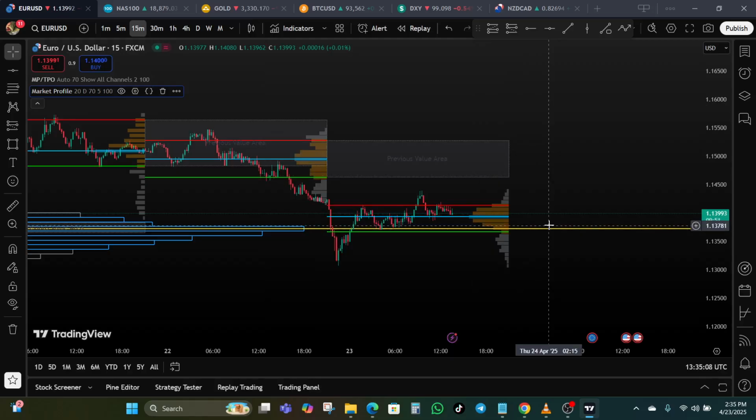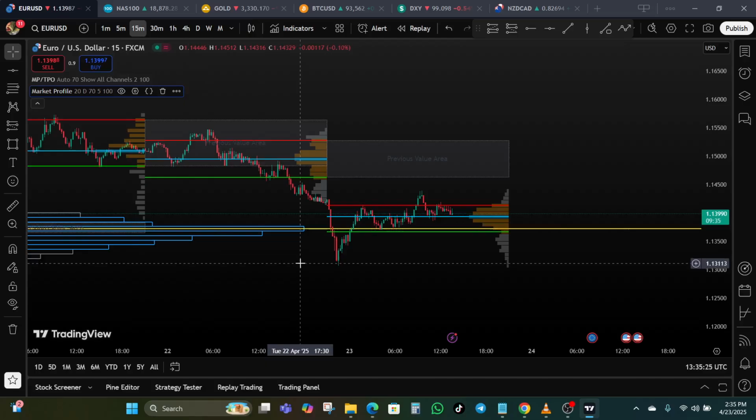So point of control is actually the price level with the highest traded volume. As you can see, indicated by this particular market profile indicator, you can see the area that had the highest traded volume. So think of this as the market's anchor point.